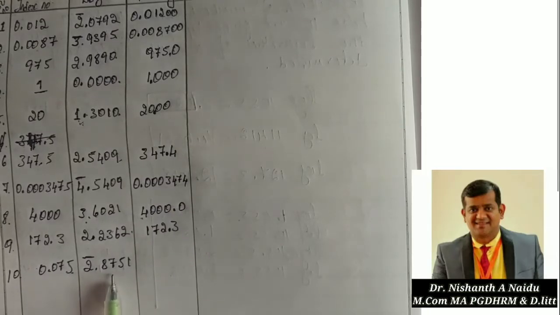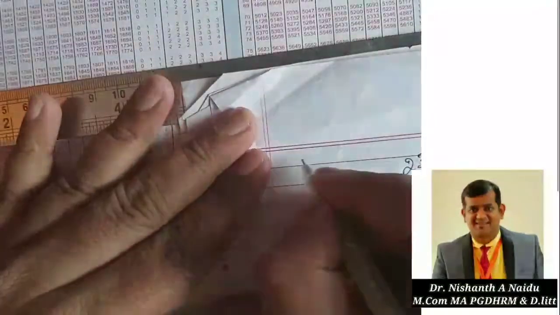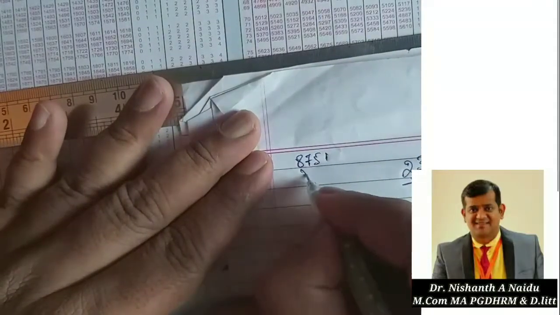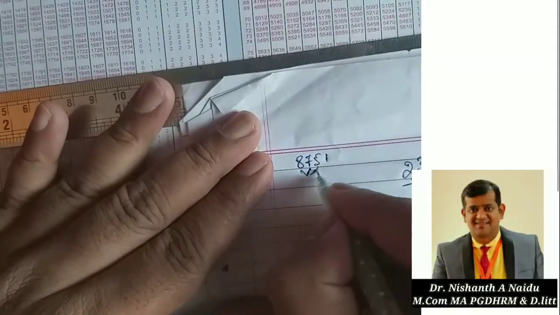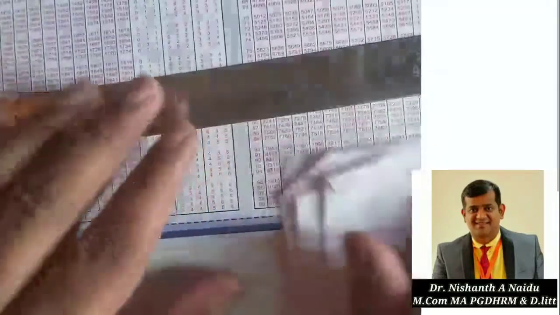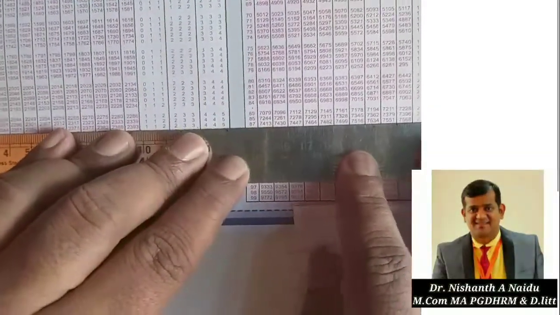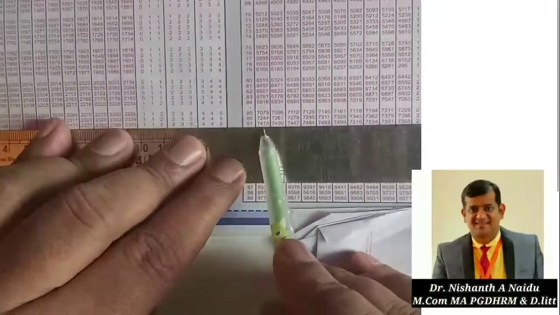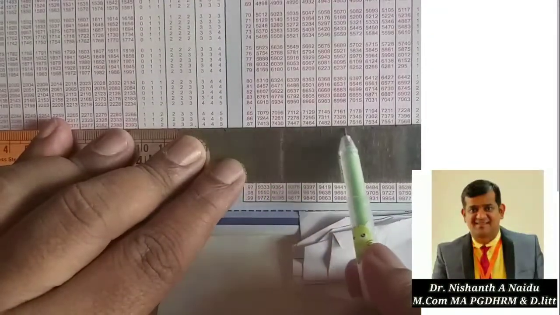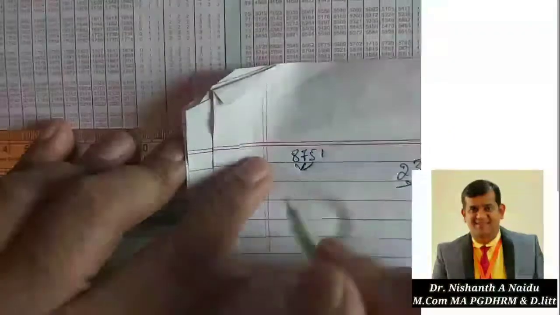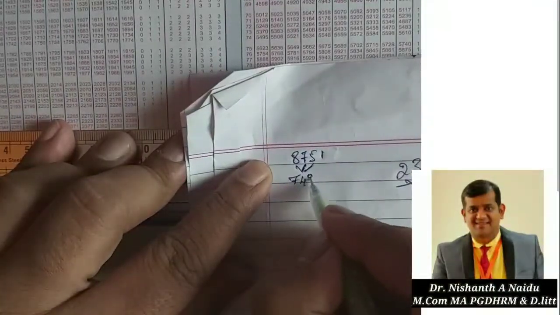Last one, 28751, so 8751. The 87th row, 5th column value. I am writing 8751 here for reference. The 87th row, I got it. The 5th column, 0, 1, 2, 3, 4, 5, is 7499.